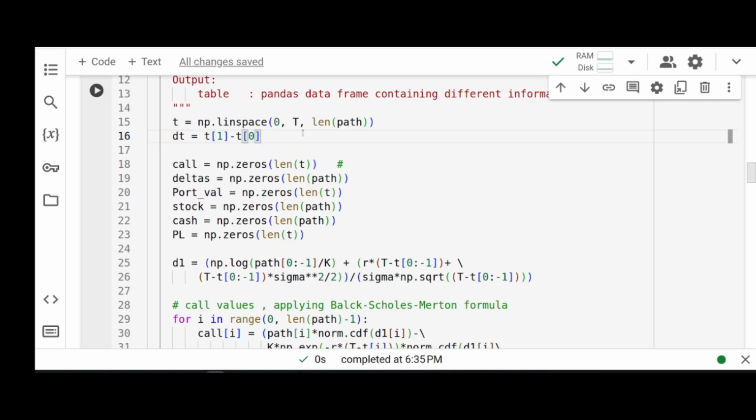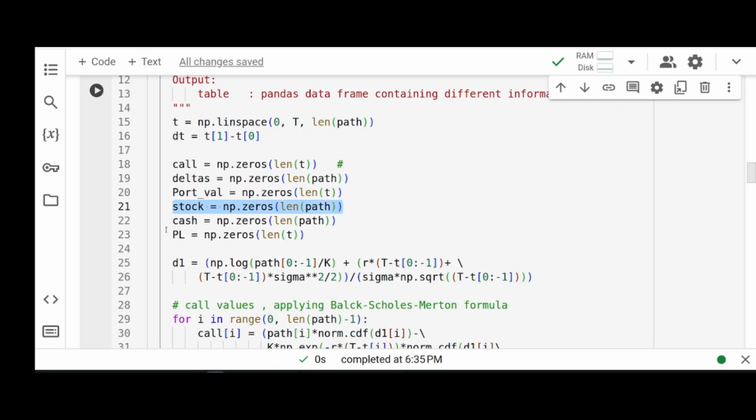So we create an array to store the call prices through different times, an array of length t. Also, we create an array of length t for storing deltas, and also portfolio values for each time step. The stock price, of course, is the path.